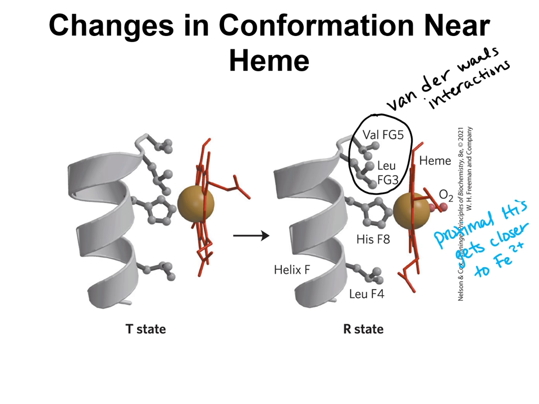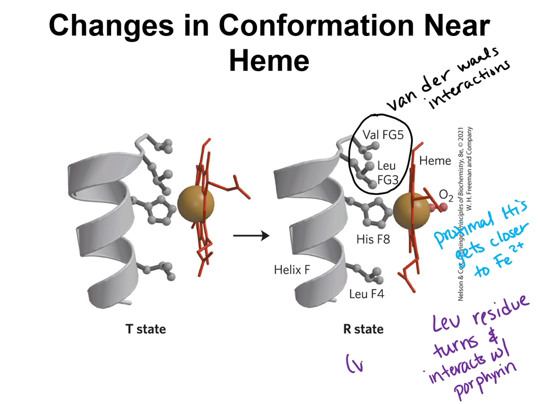The leucine kind of turns and starts interacting more to stabilize that heme group, that protoporphyrin. So that's again more kind of van der Waals.